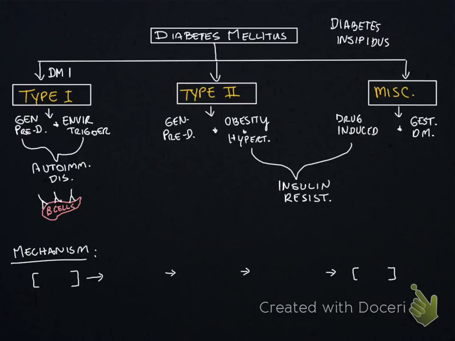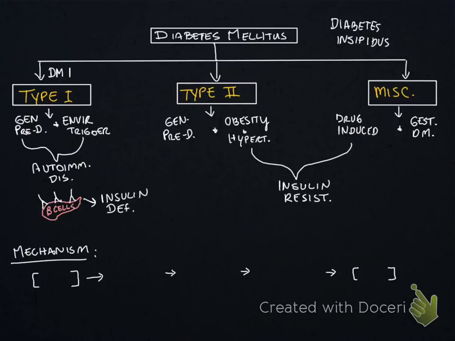Okay? This one was insulin deficiency, right? If you're insulin deficient, it prevents the production or secretion of insulin into the blood. Correct? Now, if you're insulin resistant, you have the inability of cells throughout the body to actually respond to insulin.